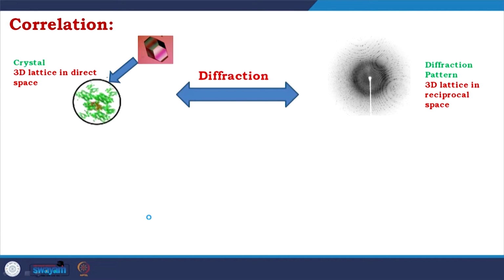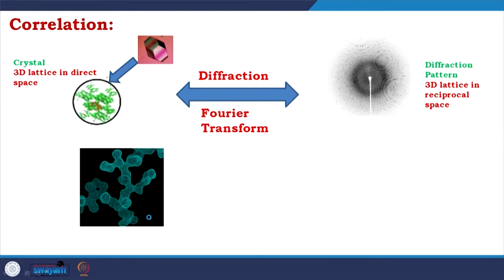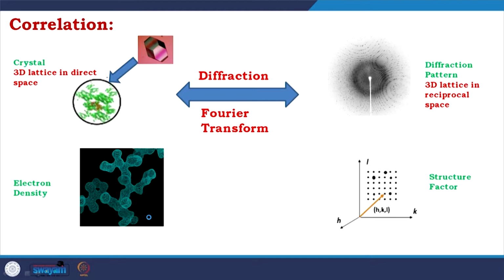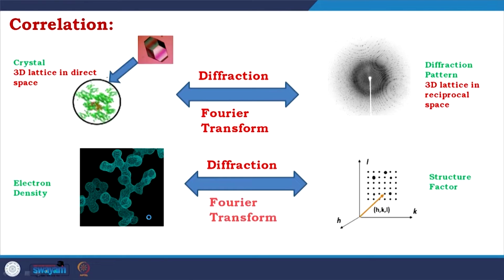The conversion from crystal to diffraction pattern is the diffraction experiment, whereas in the theoretical calculation it is the Fourier transform. Similarly, this is electron density and this is the structure factor. These are also interconvertible: in experimental terms by diffraction, whereas in theoretical terms by Fourier transform.